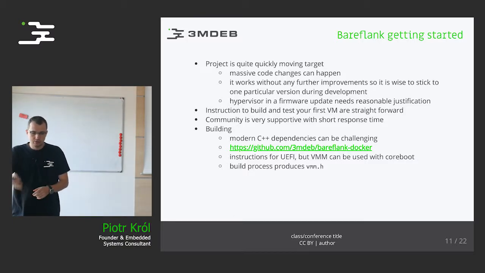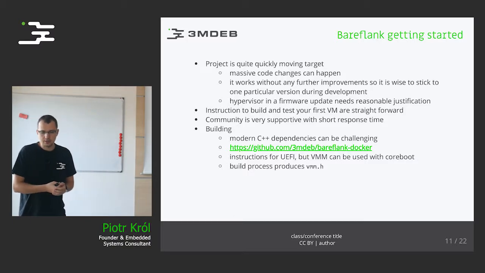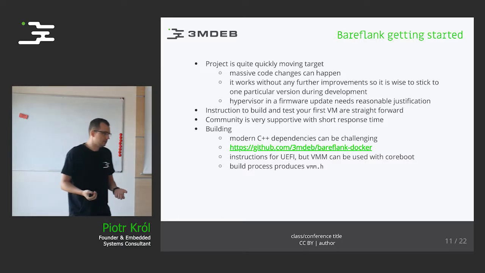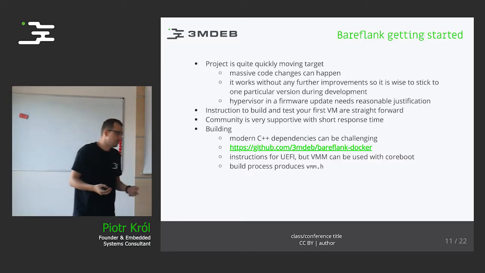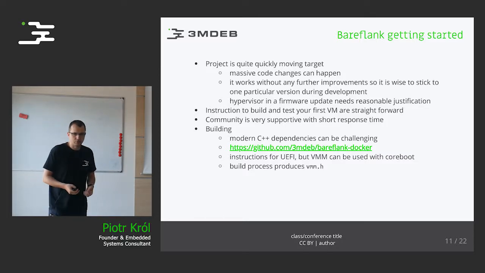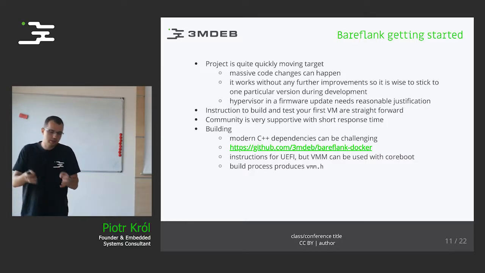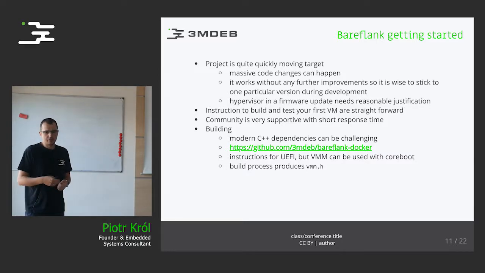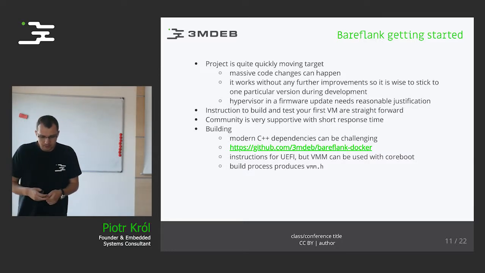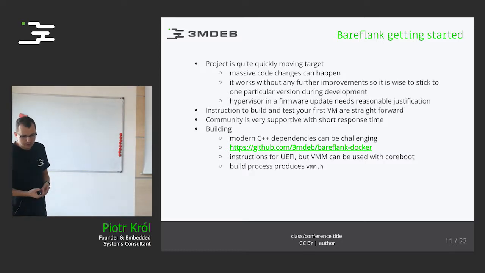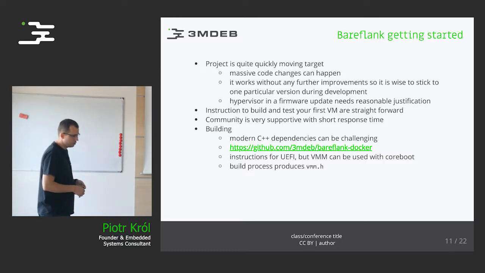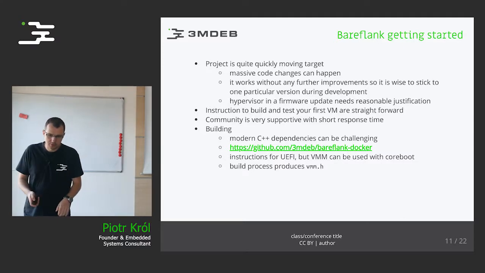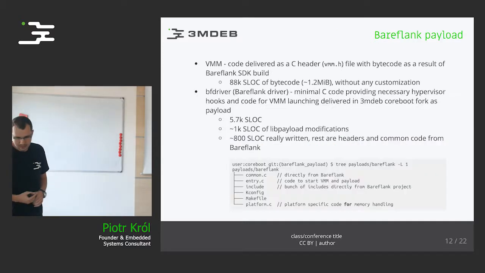Also, in the Bareflank Docker you can find instructions on how to build a UEFI hypervisor, how to test it, and how to run it, and we use that output to build the hypervisor that we present here. The output of the process is VMMH, which contains the bytecode of the hypervisor, and I will talk a little bit about that later.